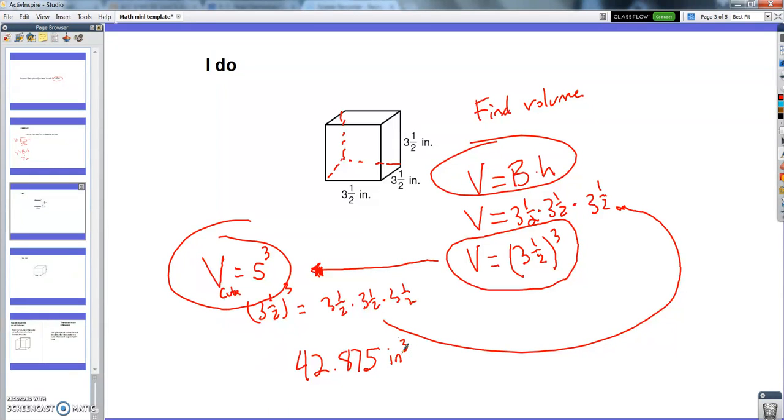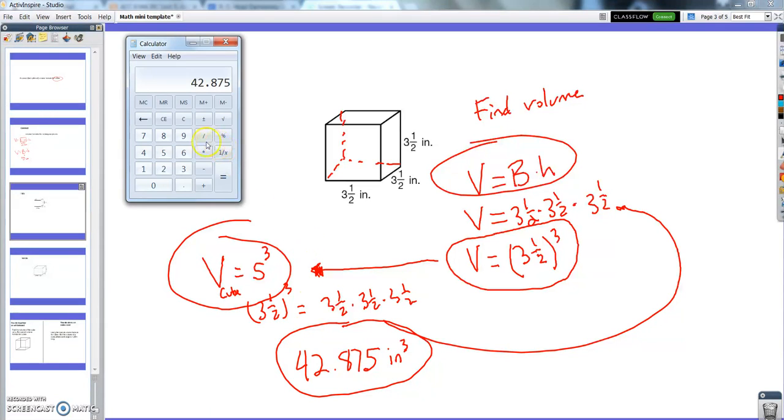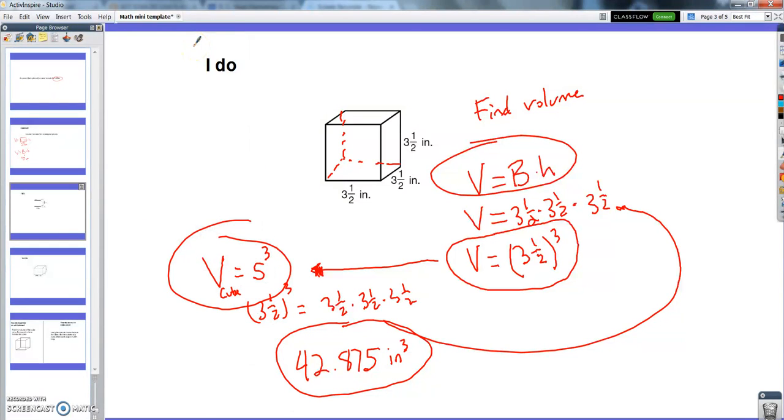So that means I could almost fit 43 1-inch cubes in this box. Seems like a lot, doesn't it? Seems like too many. 3 times 3 is 9. Yeah, it does seem too high. Let me see if I did that right. Maybe I pushed something wrong. 3.5 times 3.5 times 3.5. Yeah, I guess I did. Just seems too high. My estimate was much too low.